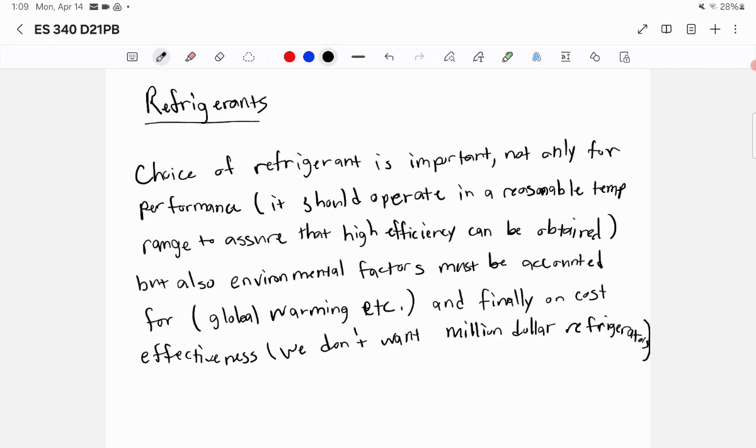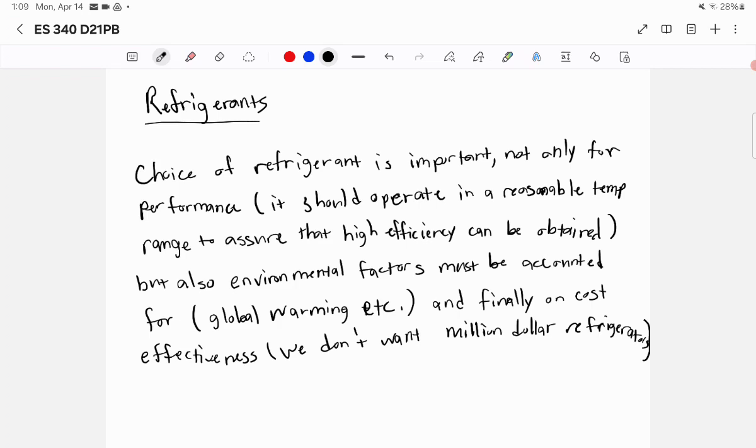However, refrigerants that were popular in the 1930s, when we first started revolutionizing the refrigeration industry, were what are called chlorofluorocarbons.